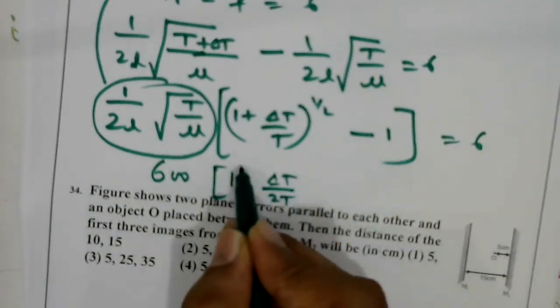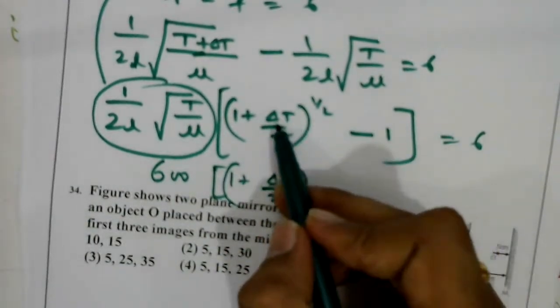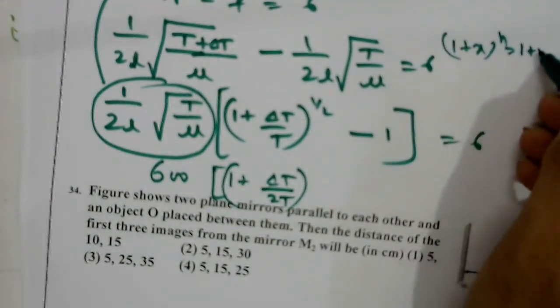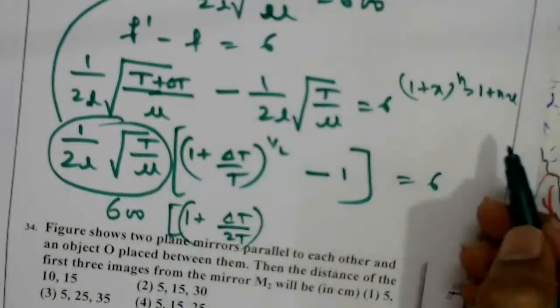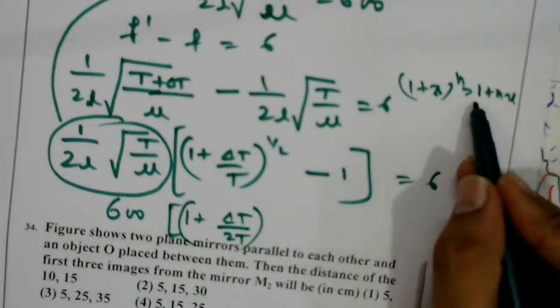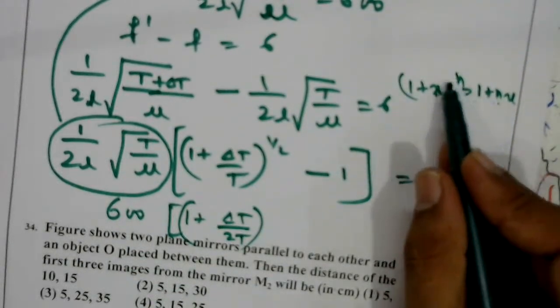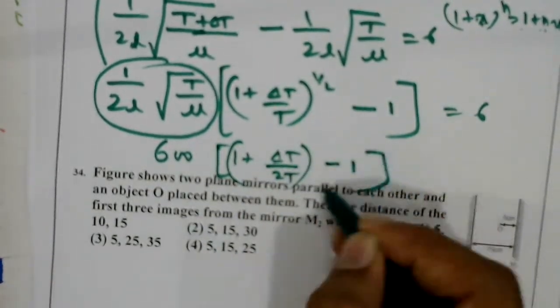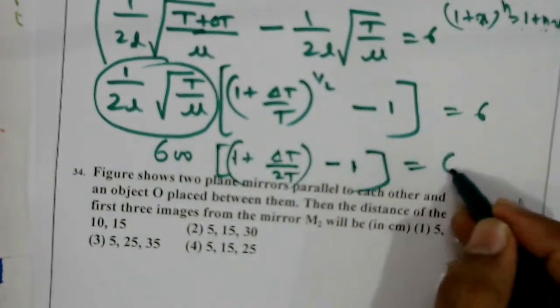Why do we write 2T? Because of the binomial theorem: 1 plus x raised to n is equal to 1 plus nx. Here the value of n is 1 by 2, so you multiply by 1 by 2. The minus 1 and plus 1 get cancelled.